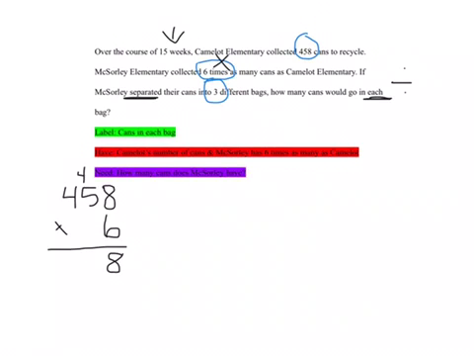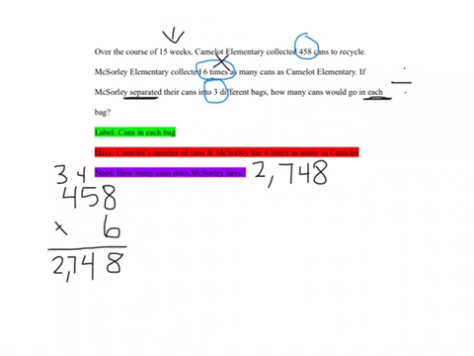Okay. 6 times 5 is 30, plus 4 more is 34. And 6 times 4 is 24, plus 3 is 27. Okay, so McSorley got 2,748 cans.